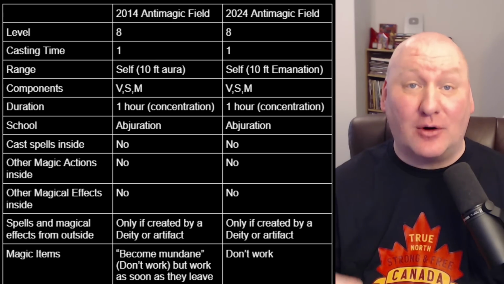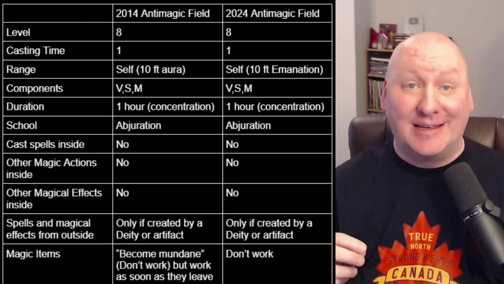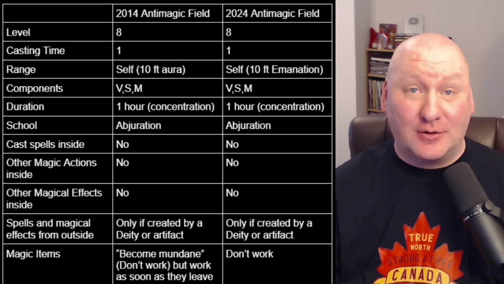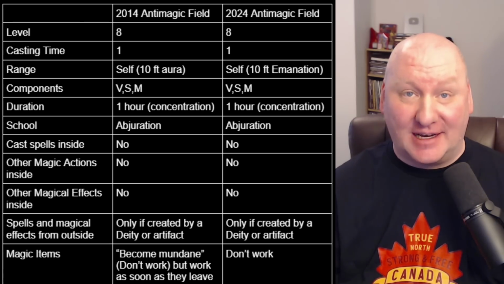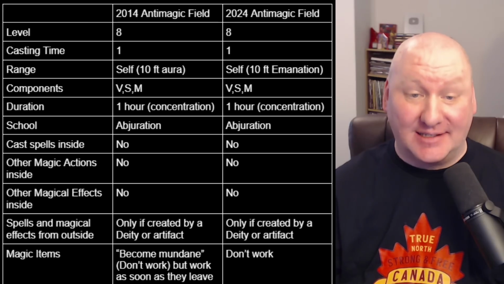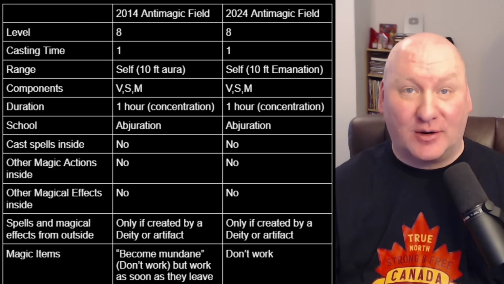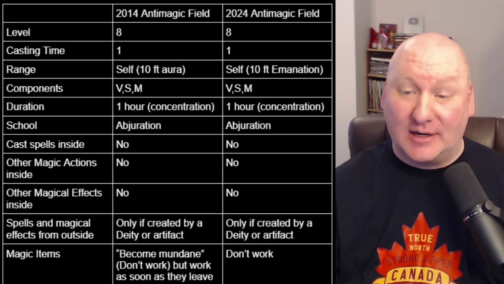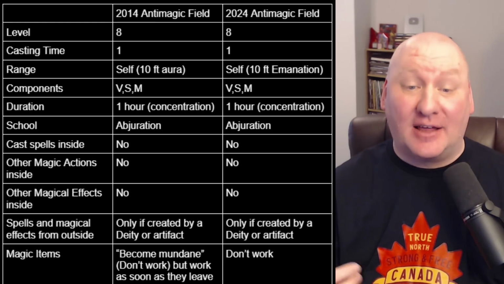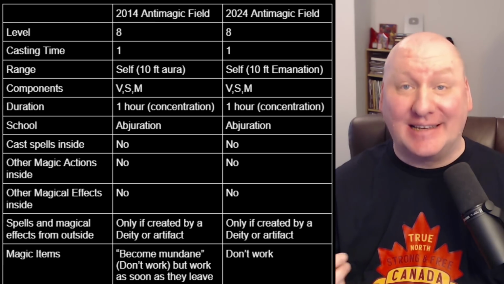So let's go through all the things the 2014 version does and see which of those things the 2024 version does and which ones it doesn't. So first off, casting spells inside. The 2014 version doesn't allow it. The 2024 version doesn't allow it. Other magic actions inside, neither allow it.